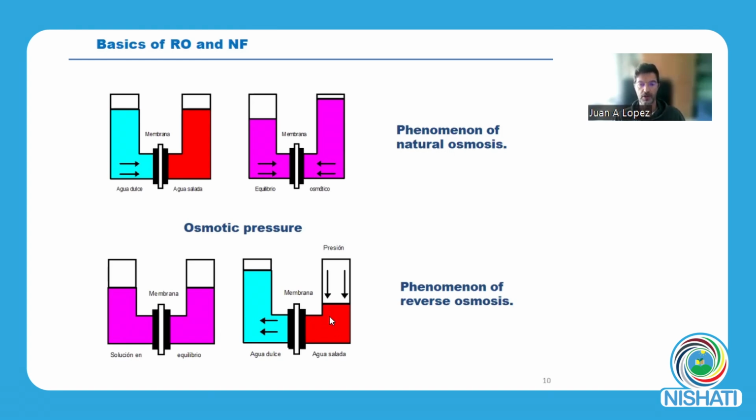At the beginning, same salt concentration. At the end of the process, we have a very salty concentrate here and fresh water here. But we need to apply pressure. This is reverse osmosis. The other is a natural process; this is not a natural process. This is a technological process.